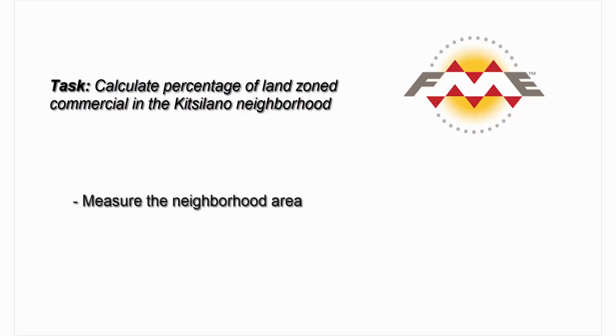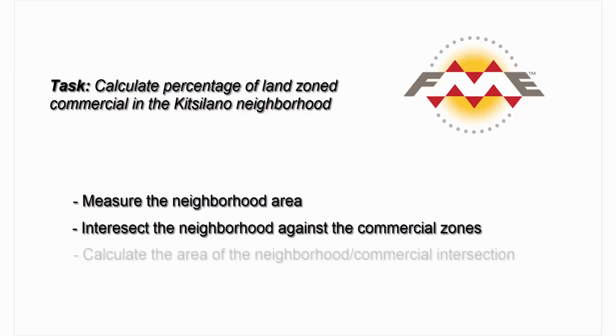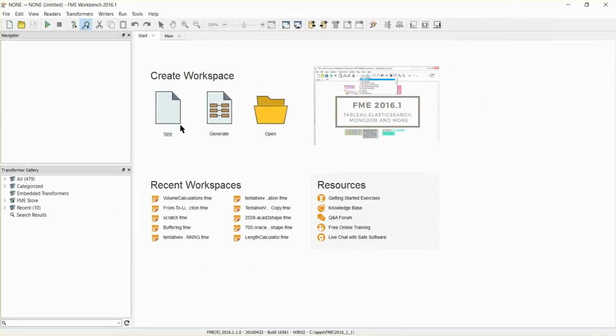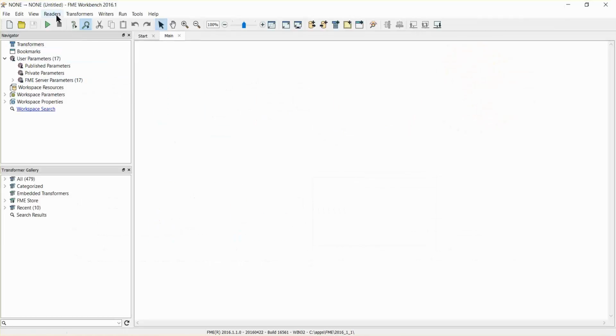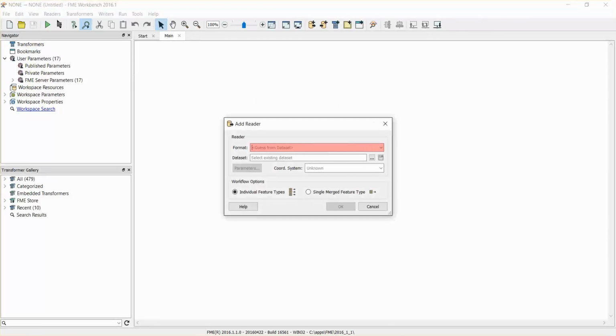The workspace will measure the neighborhood area, overlay it against the commercial zones, and calculate the area of the data extracted. Open FME Workbench and create a new workspace. Add a MapInfo TAB reader and select the zones dataset.